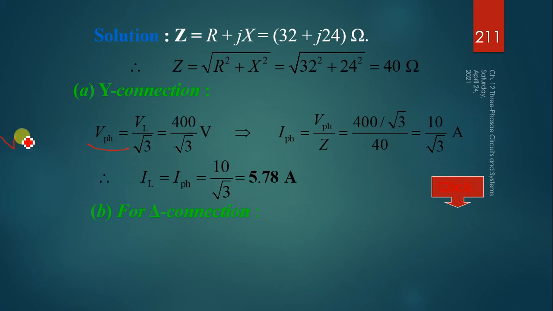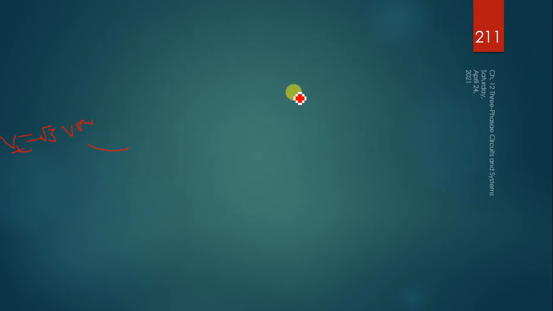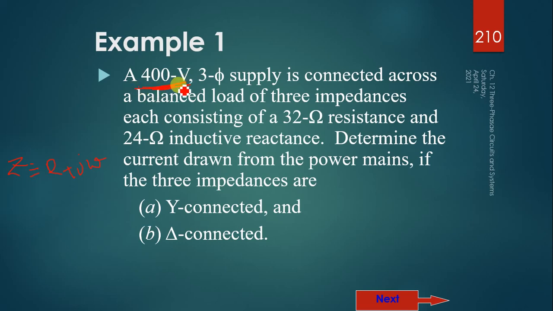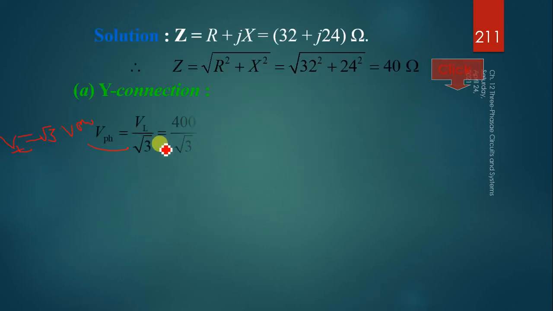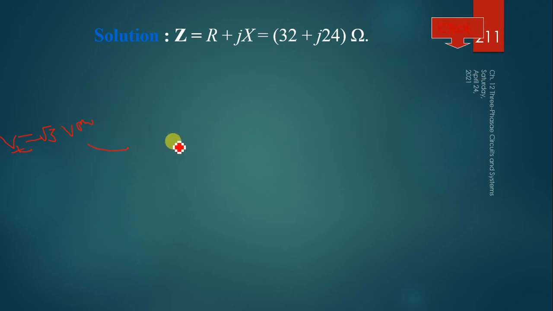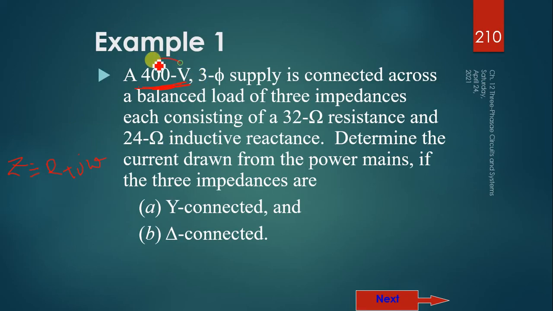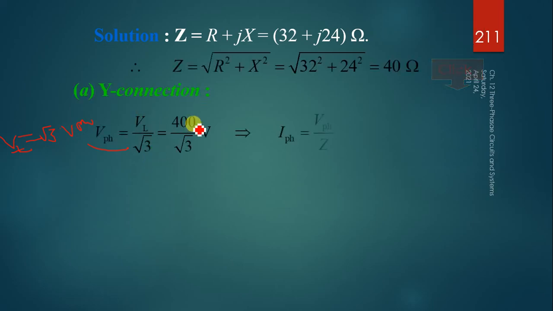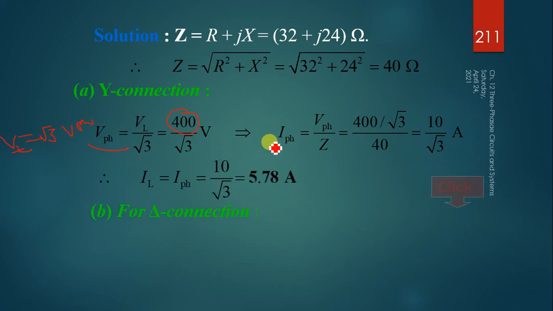The line voltage is given as 400 volts, not the phase voltage. Keep this in mind. So that is 400 divided by root 3, which is about 231 volts. You just take out that value.